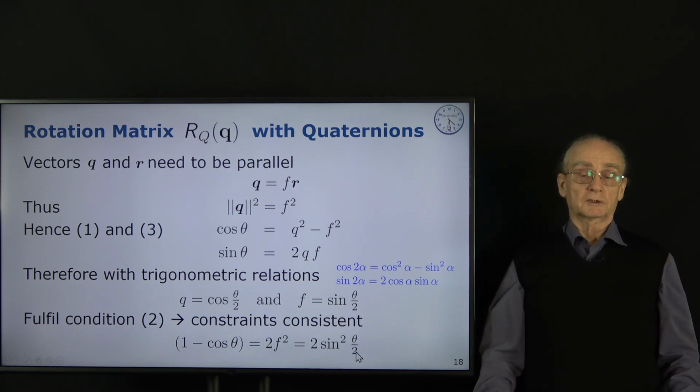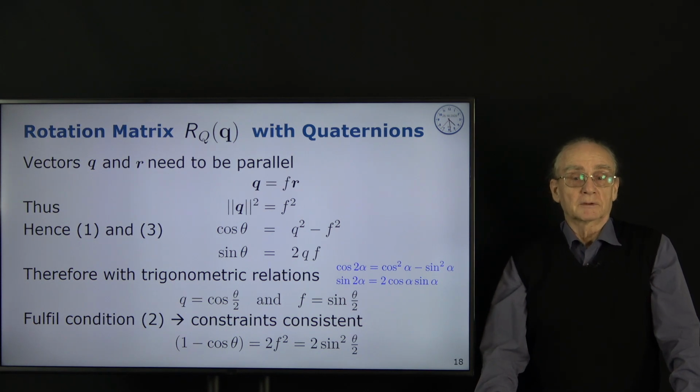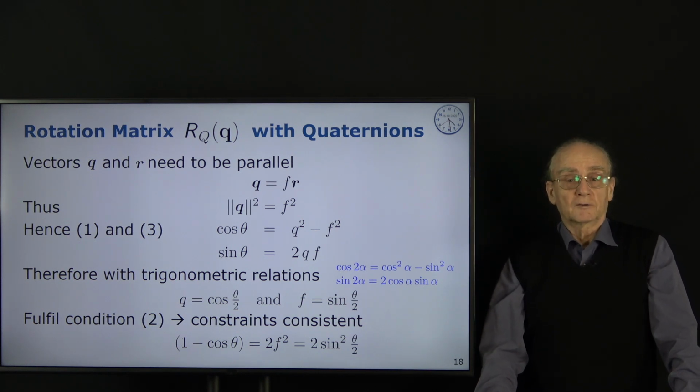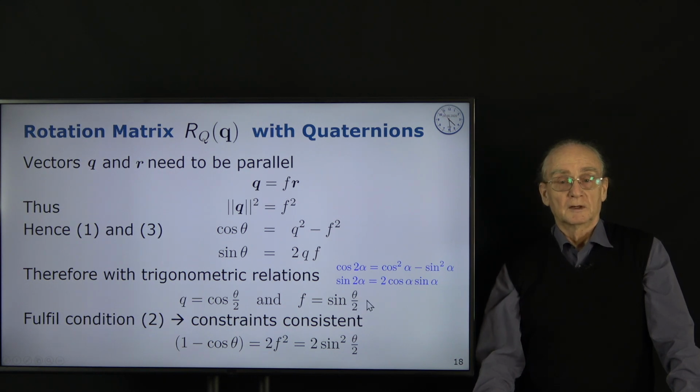So actually all three constraints are fulfilled, and we can express q and f as a function of theta. And we know that if we know f, we also know q, because we just have to multiply our rotation axis with f, which is sine of theta half.